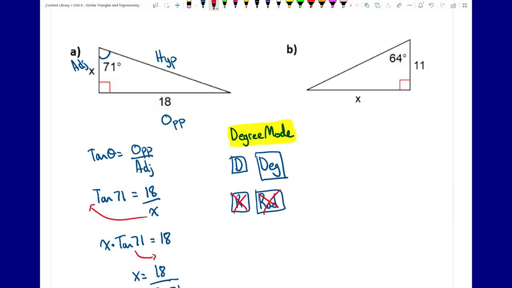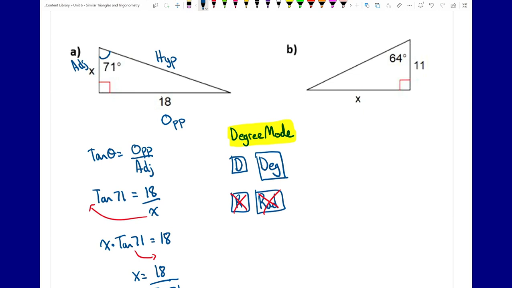It might just be a calculation error on your part. If you see R or RAD, then the chances are your calculator is in the wrong mode and you need to change it to degree mode. So if you're practicing this at home and you're unsure, just let me know and I can work with you to make sure you're in the right mode on your calculator. Because I don't want you getting marks wrong because you just have a calculation error or a calculator error.